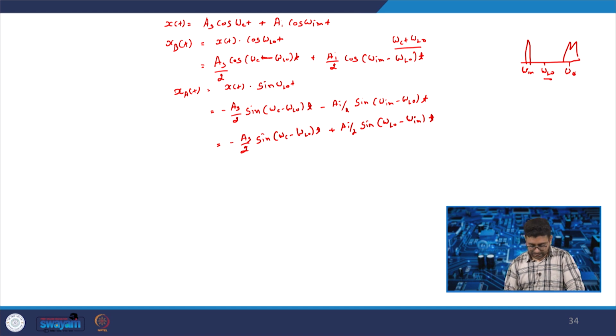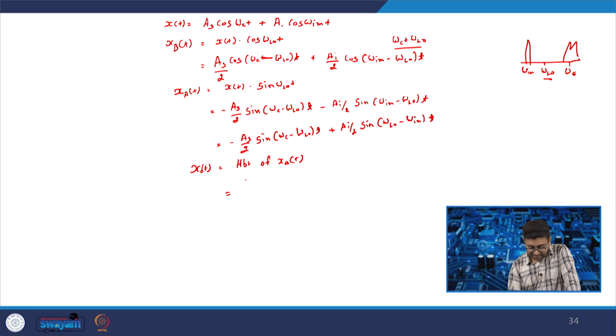So, this is xa(t). Now, for xb(t), we apply the Hilbert transform. So, Hilbert transform of xa(t). We have already seen that if we do the Hilbert transform, sin will be converted to cos.